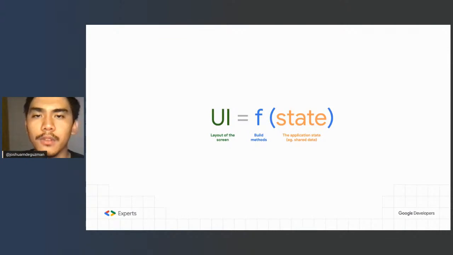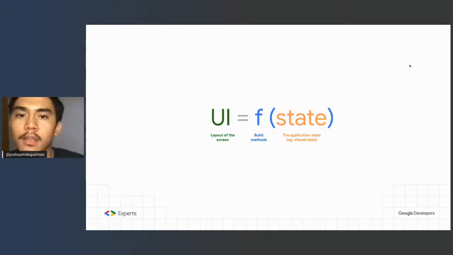Great. So this is just a basic formula that you have to understand. Every time your UI is built or presented to the user, it is equivalent to the build method and the logic you've added inside it, encapsulating the state that it has.